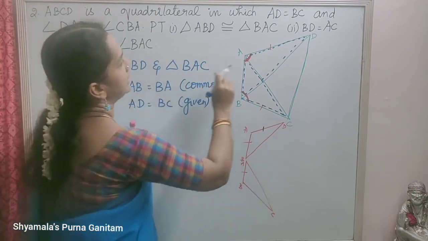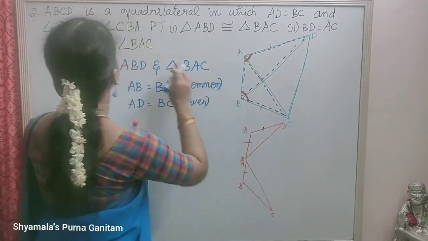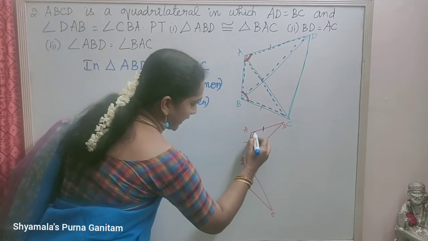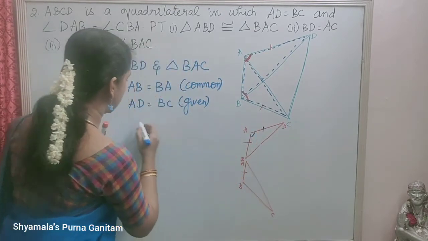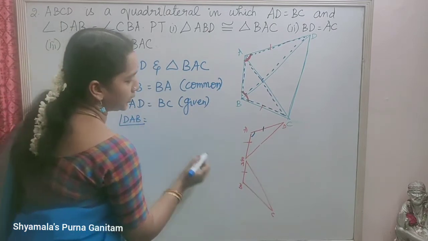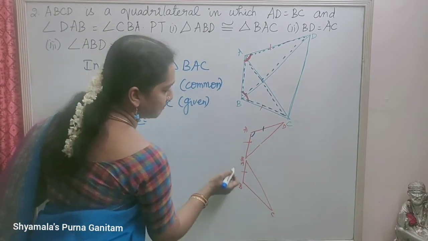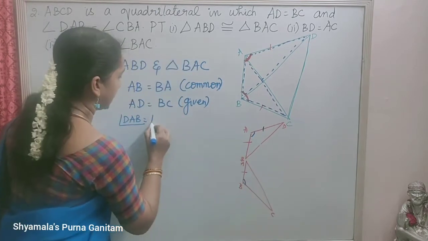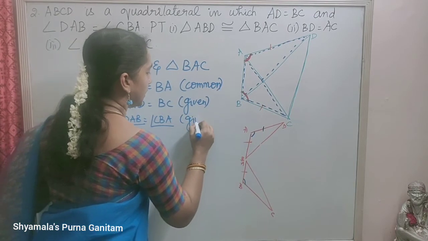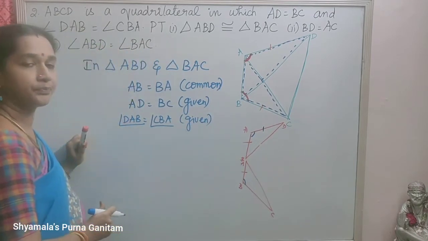So what else is given? See here, this angle DAB is equal to angle CBA. This is also given in the question.